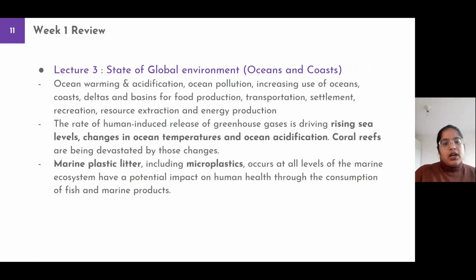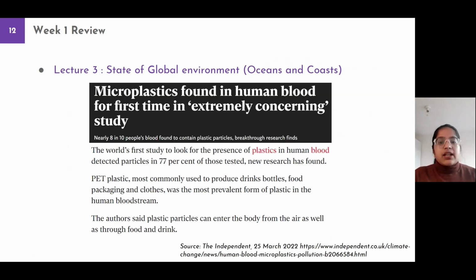So when fish or other water animals consume these plastics, they can enter our food cycle as well, which was evident from a study conducted in 2022, where for the first time, microplastics were found in human blood.